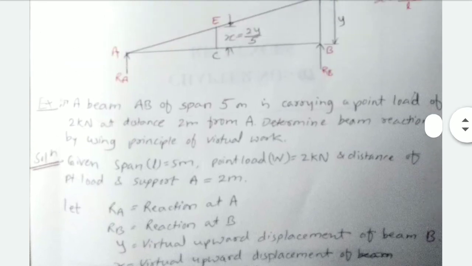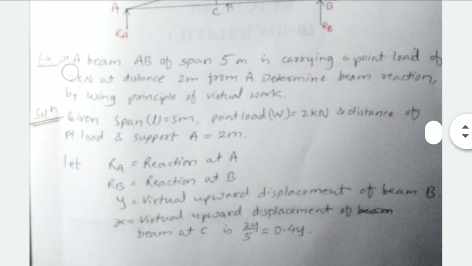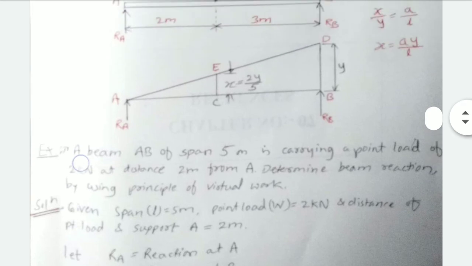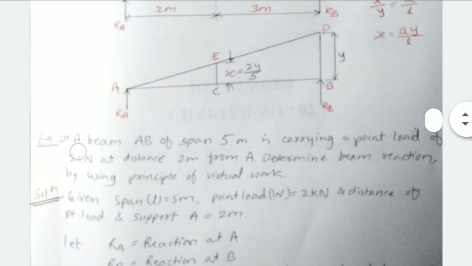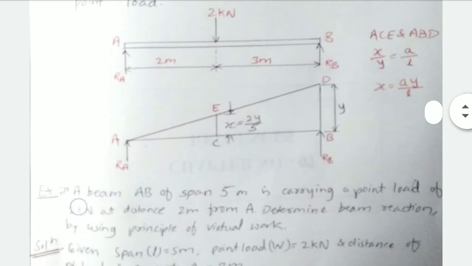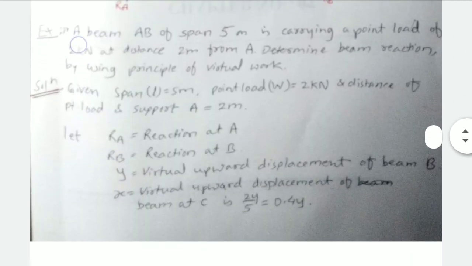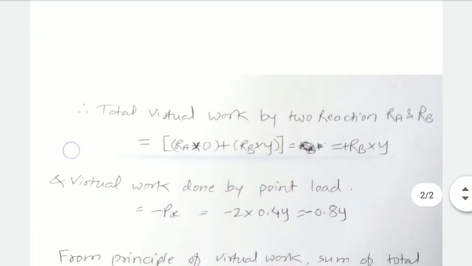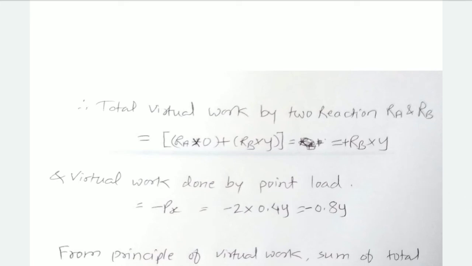Y is the virtual upward displacement of the beam at B, and X is the virtual upward displacement of point C where the point load acts, equal to 2Y upon 5, which is 0.4Y.